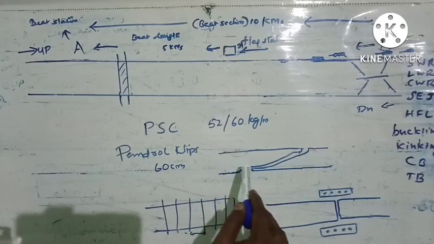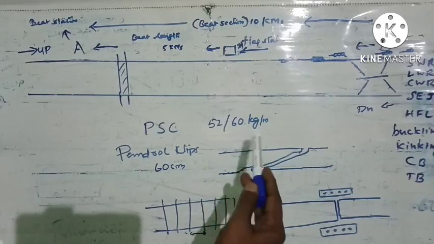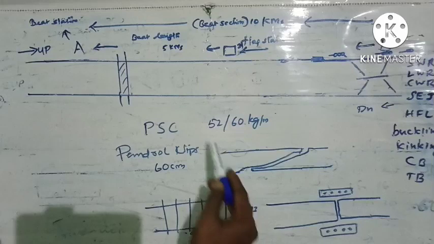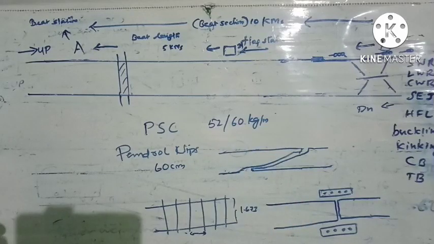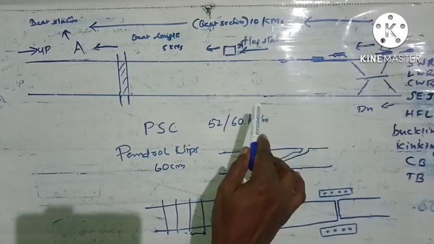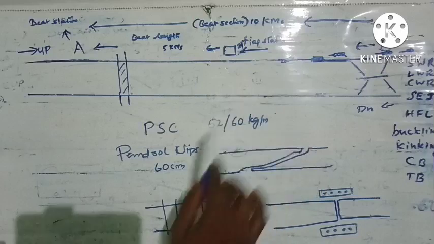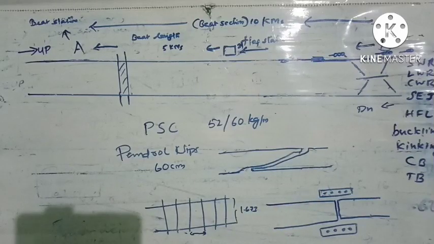That means the rail will be very heavy, and it is not possible to easily move these rails. These rails are manufactured in a steel plant, and from the steel plant they have to be transported to the location where the track is laid. For transportation, if the rail is very lengthy, it is not possible.